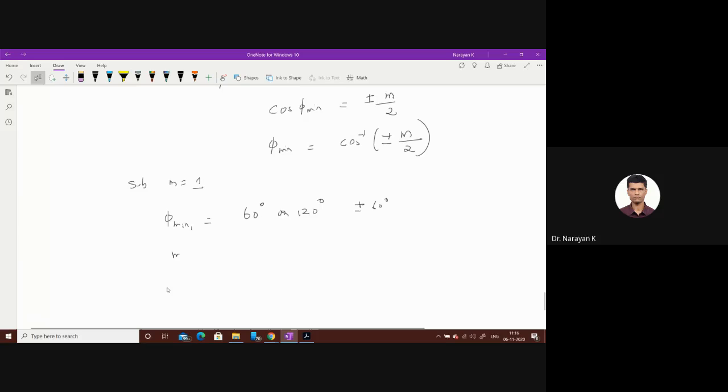How much will you get? Substitute m is equal to 2. Zero.